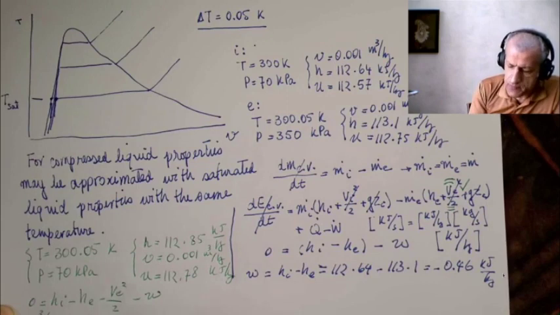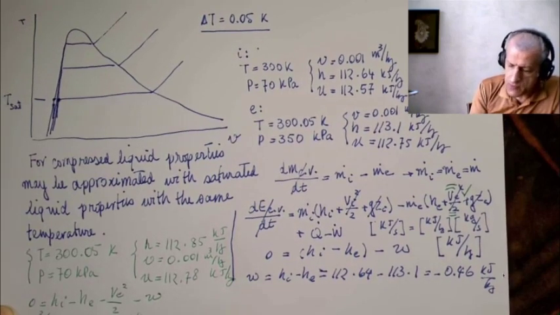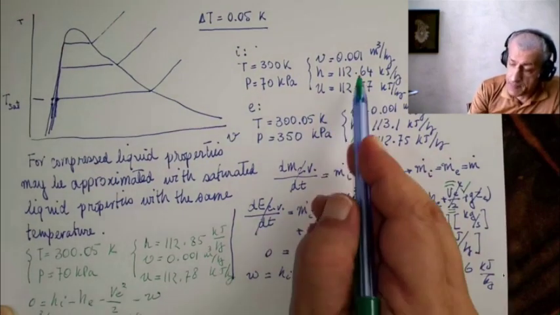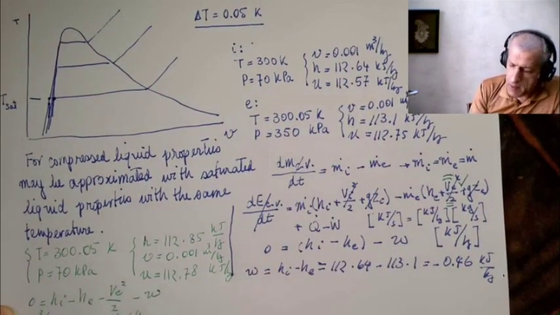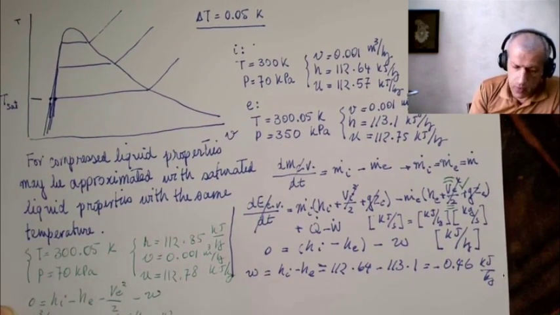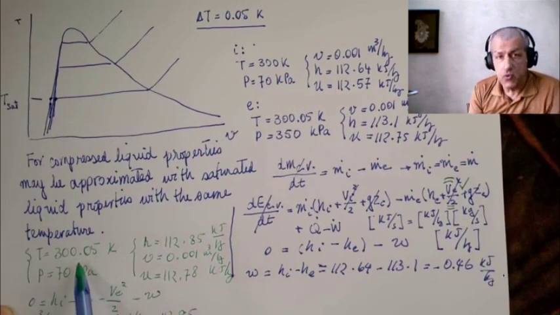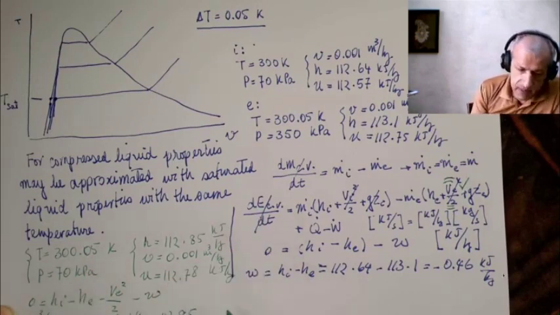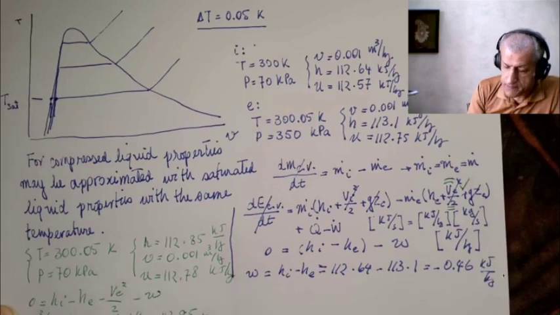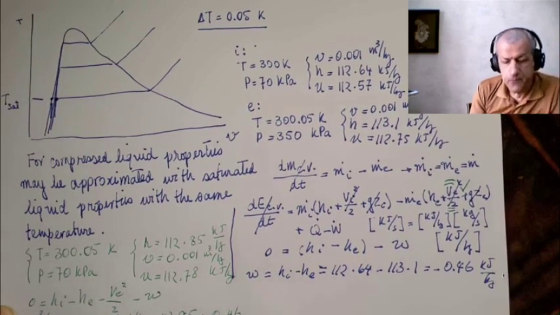This equals 112.64, which is the inlet enthalpy, minus the exit enthalpy, 112.85. The difference is because we have kept that 0.05 kelvins as the temperature difference, and plus, which is minus times minus, plus 0.46.